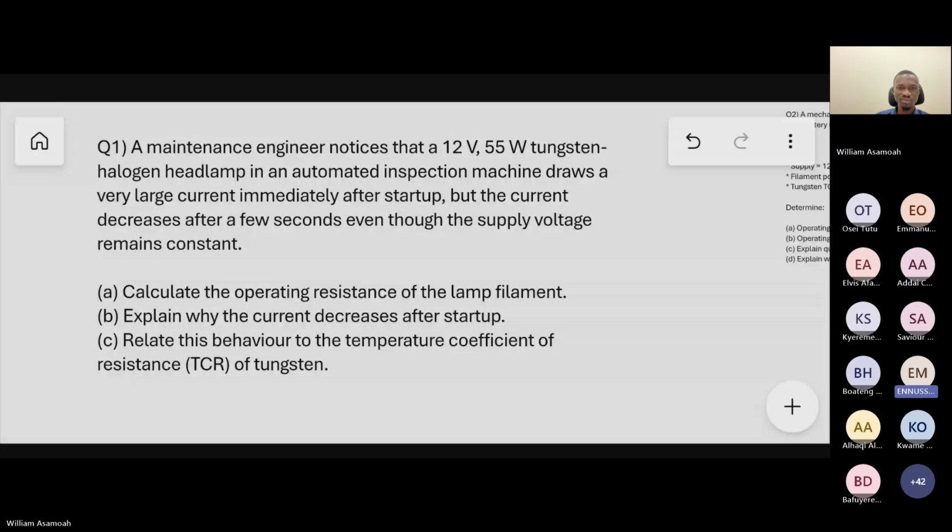A. Calculate the operating resistance of the lamp filament. B. Explain why the current decreases after startup. C. Relate this behavior to the temperature coefficient of resistance of tungsten.